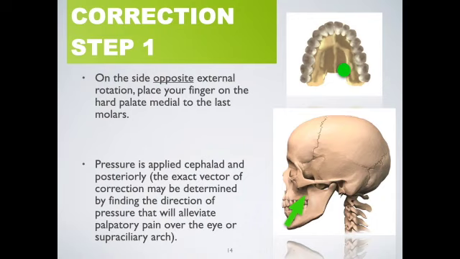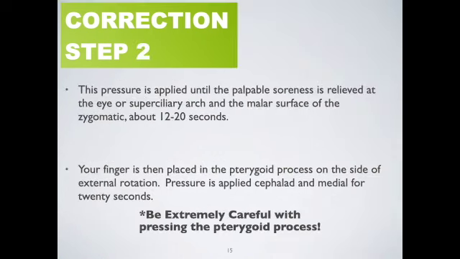You're going to press cephalad and slightly back, and you can once again use the tenderness. You can use muscle testing, but you can use the tenderness to monitor your vector and your effectiveness. That's step 1.